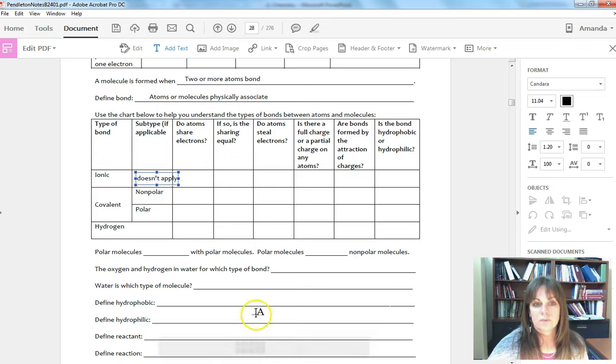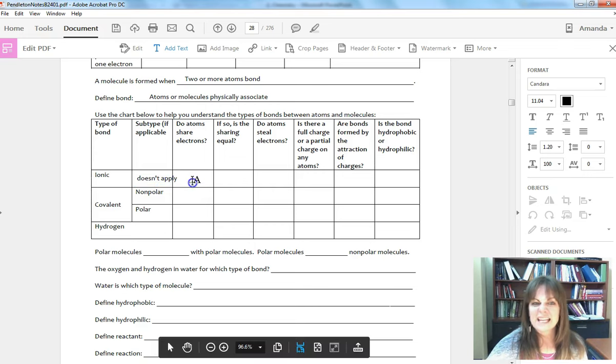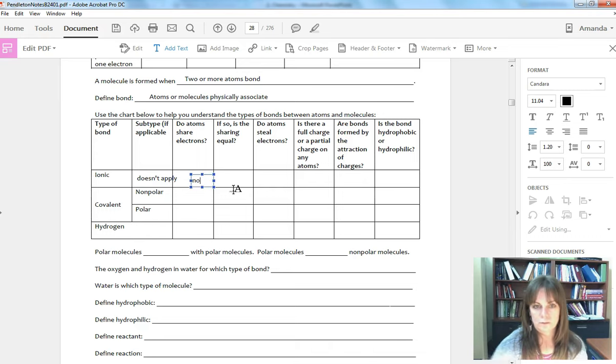If we look over here, did we say anything about sharing electrons? No. So is sharing equal? Well, there's no sharing. It doesn't apply. Not applicable. Do atoms steal electrons? We just talked about that, and yes, they do.